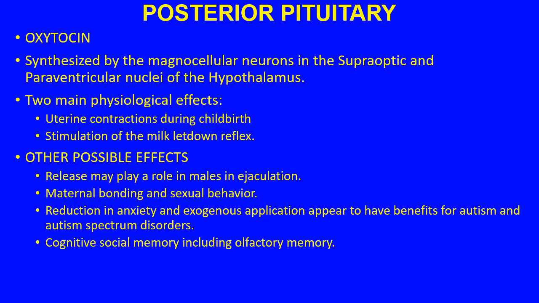And actually, they've been finding some studies with exogenous, meaning outside pharmaceutical application, that appears to have some benefits for autism and autism spectrum disorders. If you're not familiar with that second term, it used to be called Asperger's syndrome. Now they've reverted back to calling it just autism spectrum. You're somewhere on that spectrum of autism or symptoms.